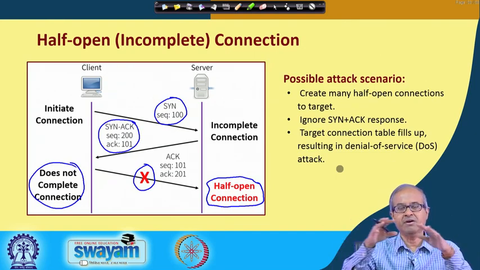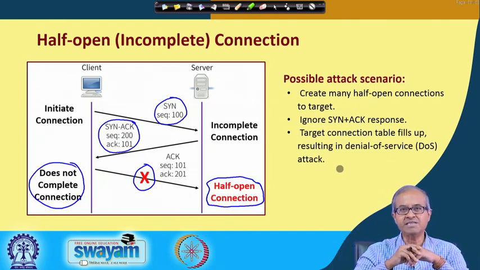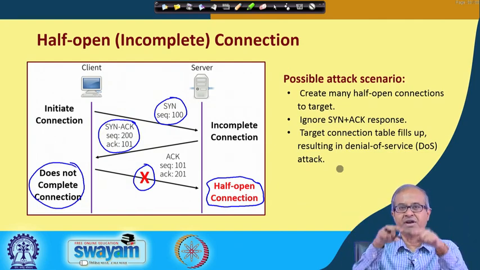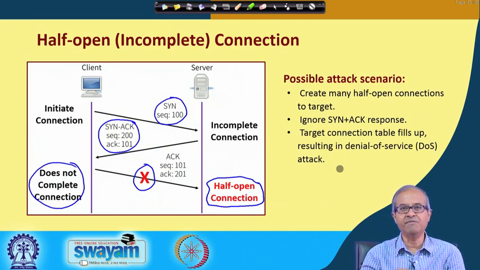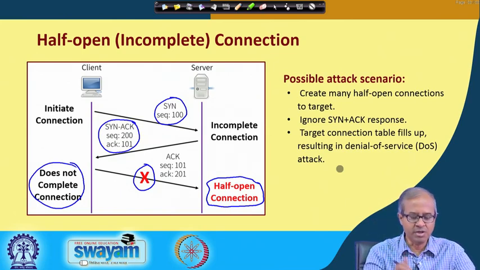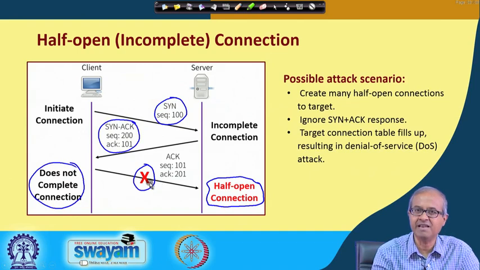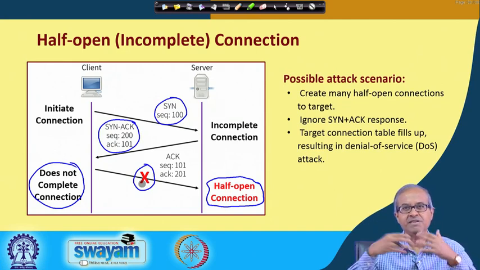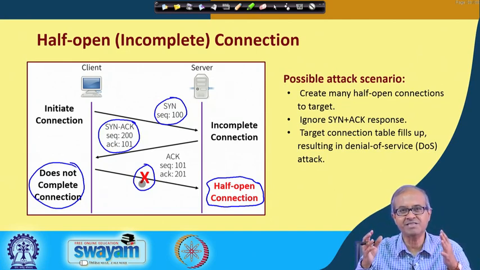Many of these hackers come together and send a large number of TCP requests to that particular server. For each of the requests, they do not complete the final ACK, they do not send the last ACK. So, the server will be receiving a large number of requests, but none of those requests will be completed.